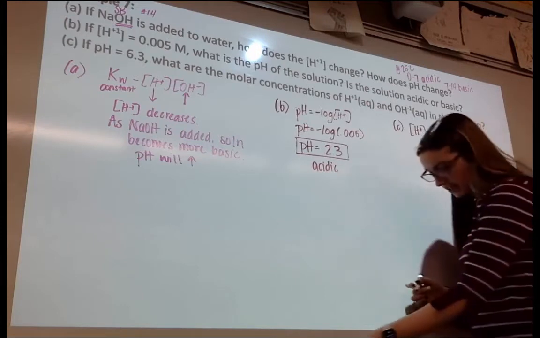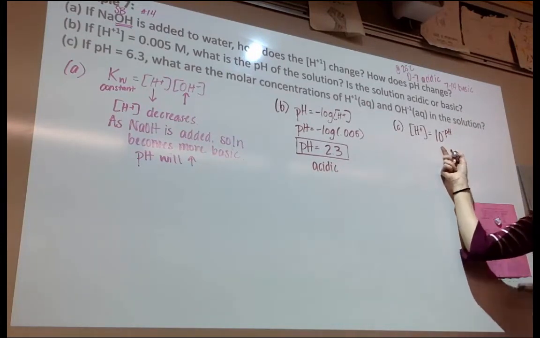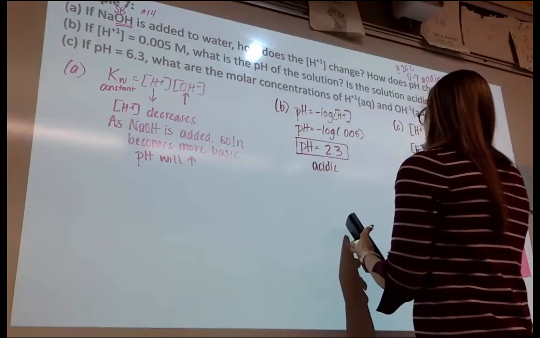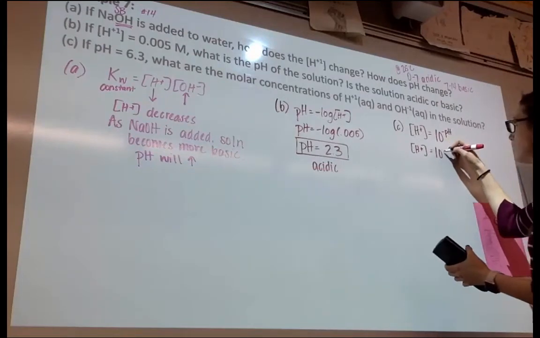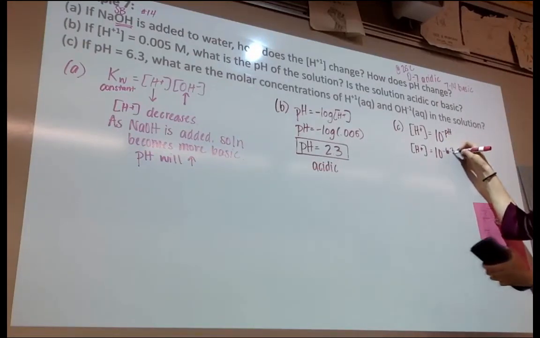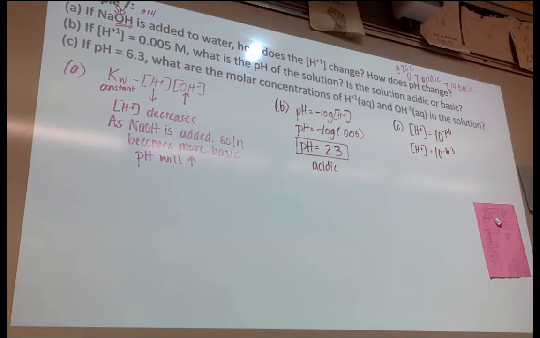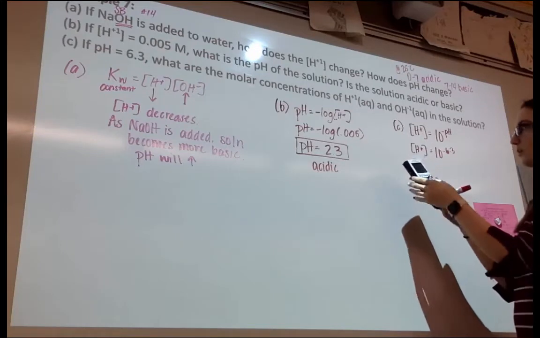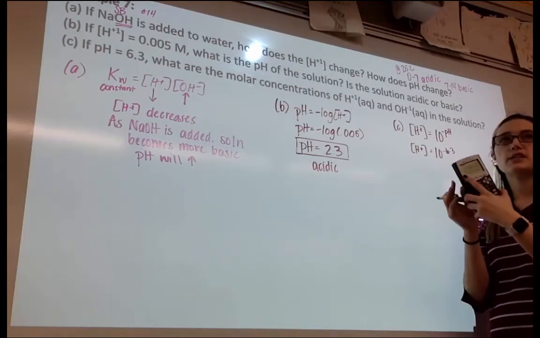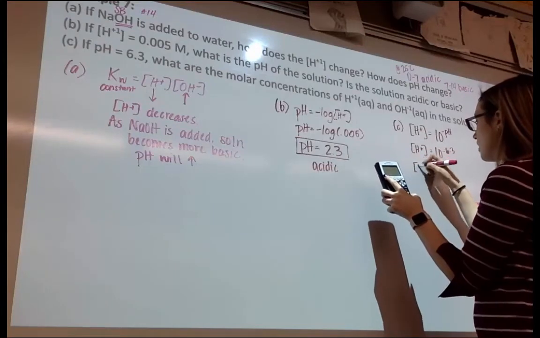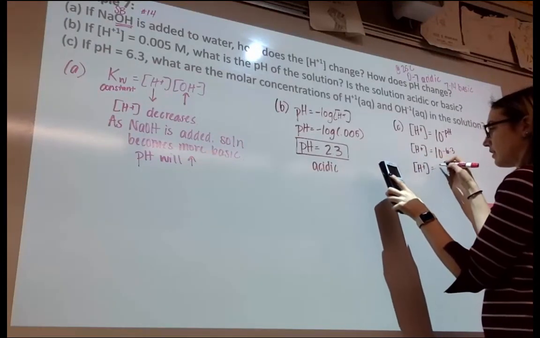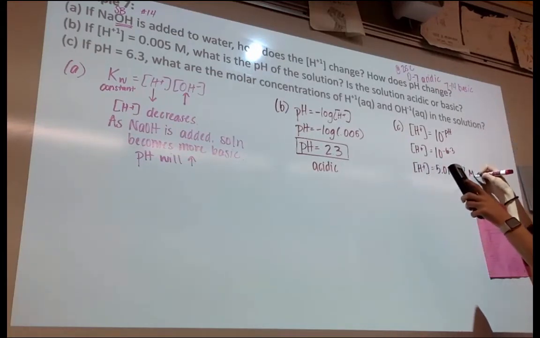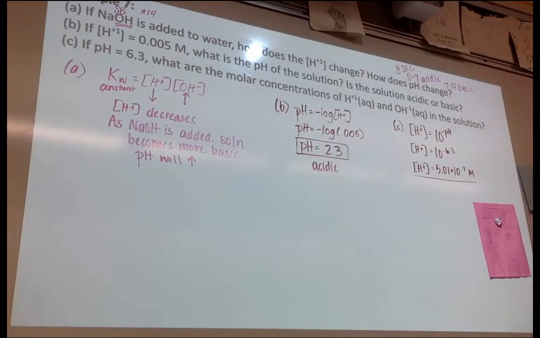On your calculator, when you hit second log, it does 10 to the x for you. So H plus is 10 to the negative 6.3. So in your calculator, you hit second log, negative 6.3 gives you your answer. Make sure that you can put this in your calculator. 5.01 times 10 to the negative 7th. Please don't forget units. Molar.